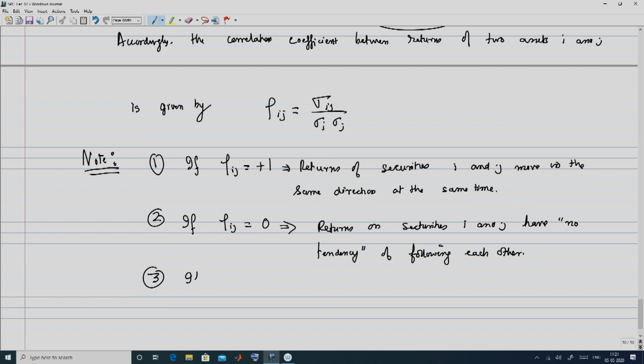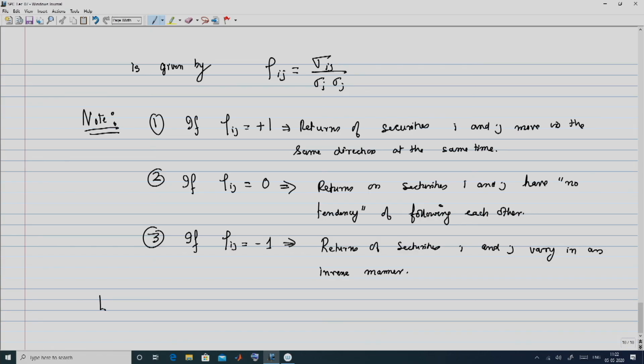And thirdly, if rho I j is equal to minus 1, this implies that returns of securities I and j vary in an opposite manner or an inverse manner. So, these three observations are similar to the interpretation of rho equal to plus minus 1 and rho equal to 0 when we had introduced earlier the definition of a correlation coefficient between two random variables.